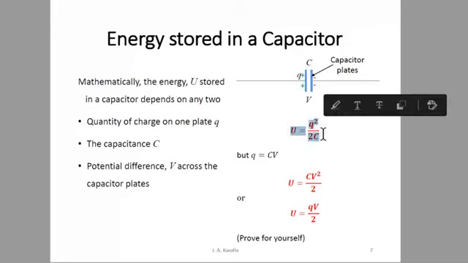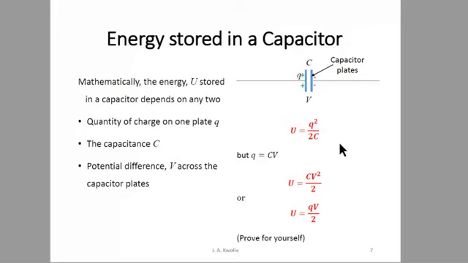You simply need to keep this one at your fingertips, and then you can rearrange it in some other way. The energy stored in the capacitor is equal to the square of the charge accumulated on the plates divided by 2 times the capacitance.